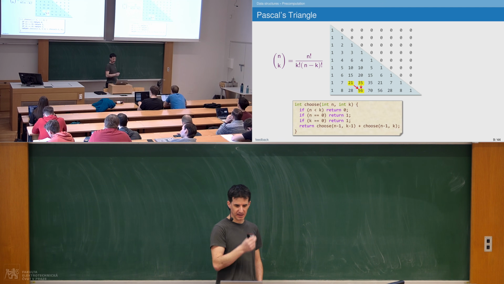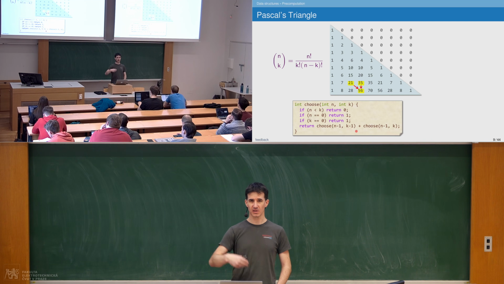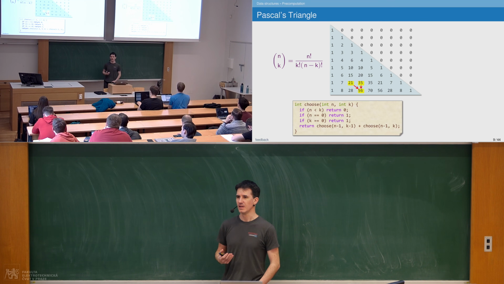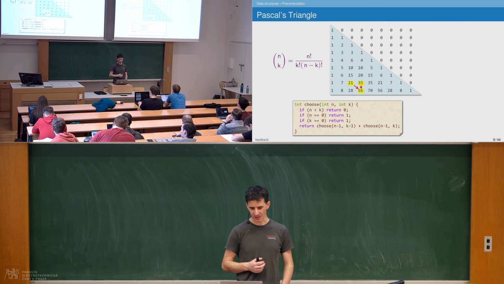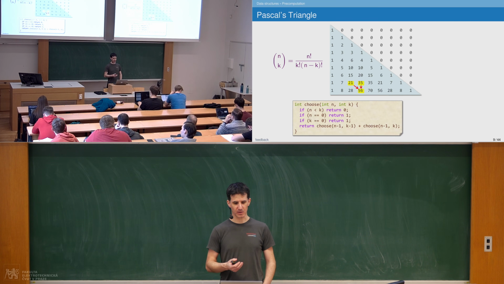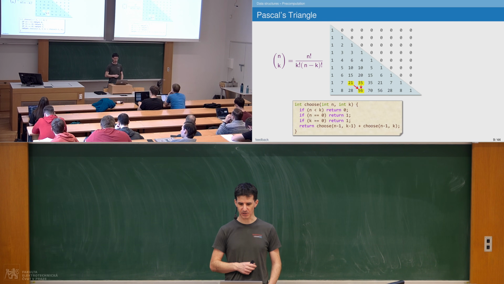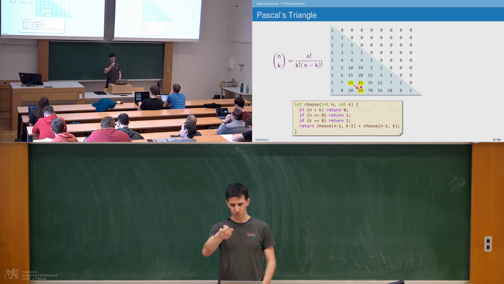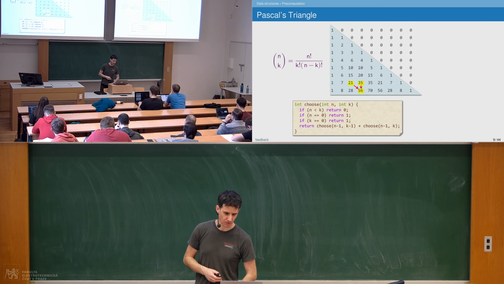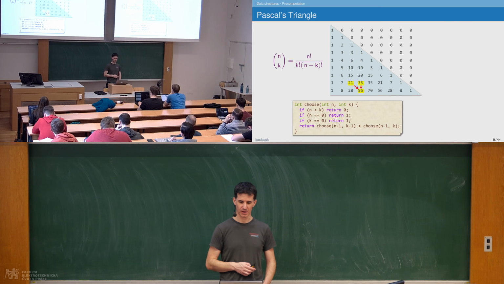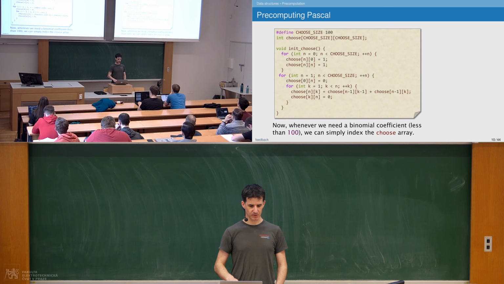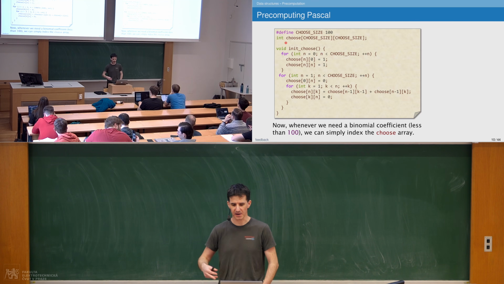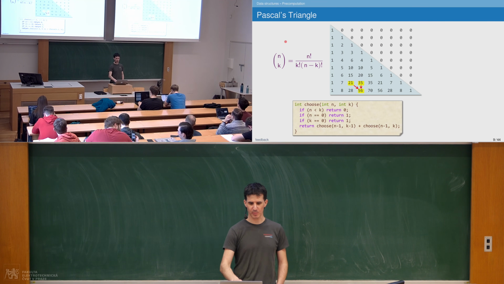So calculating it this way, using a recursive function, would be pretty inefficient, because for every calculation you need to do a lot of recursive function calls, and so on. So what you can do instead, you can create a table or an array where you basically pre-compute those values.